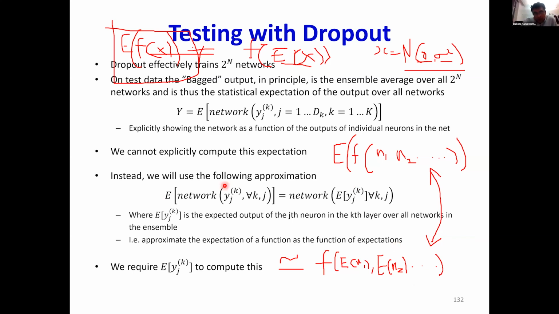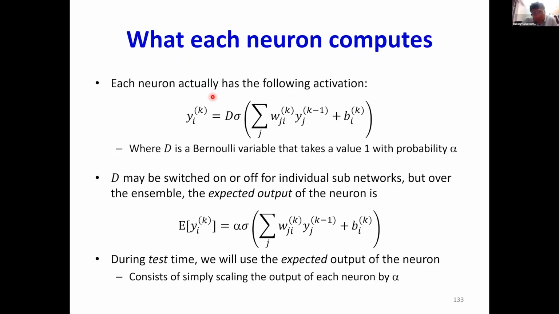And so we're going to say that the average over all of the 2 raised to n networks is going to be the network of the expected value of the individual neurons. This is an approximation. But now you can go and look at the individual neurons. The individual neurons were simply the activation multiplied by my Bernoulli random variable, right?